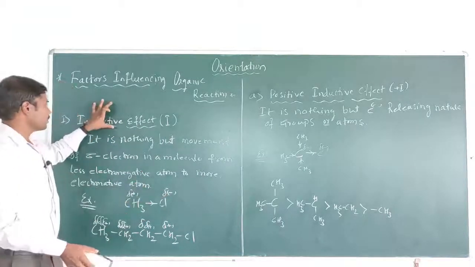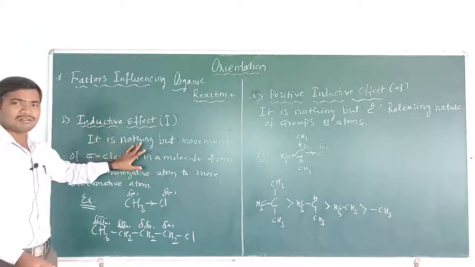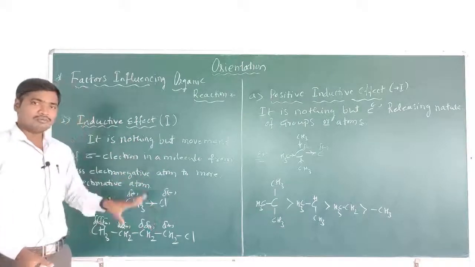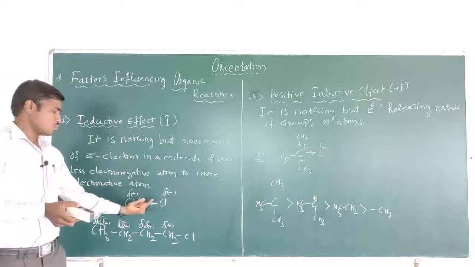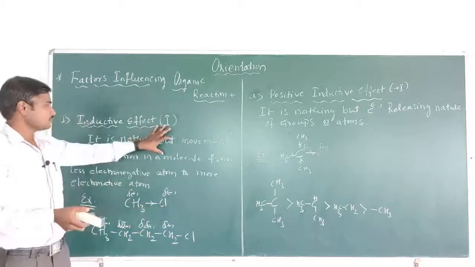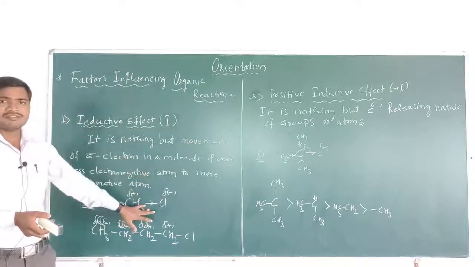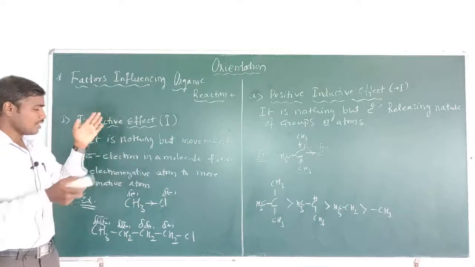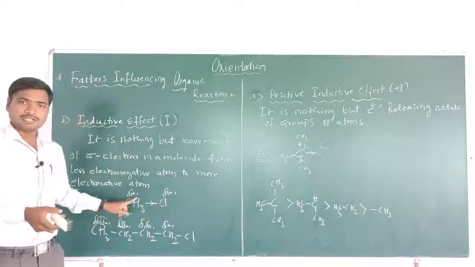The inductive effect is the movement of the bonding, that is sigma, electrons in a molecule having an electronegativity difference, towards the more electronegative atom. It is the unequal distribution of bonding electrons between the two atoms.